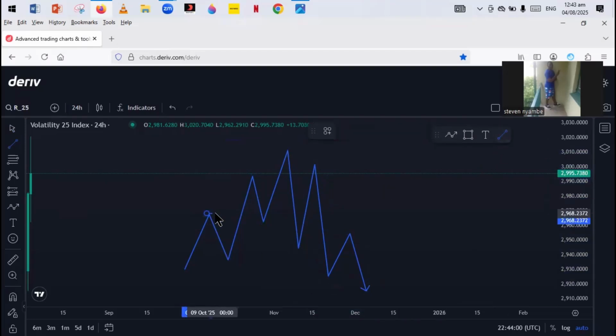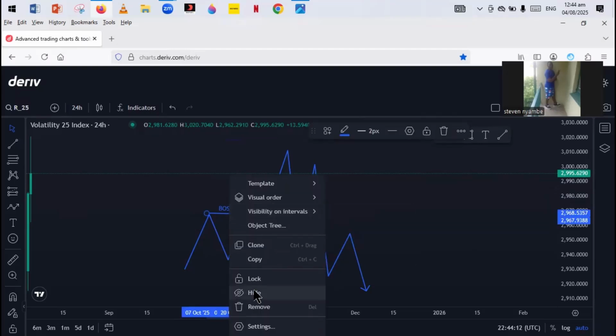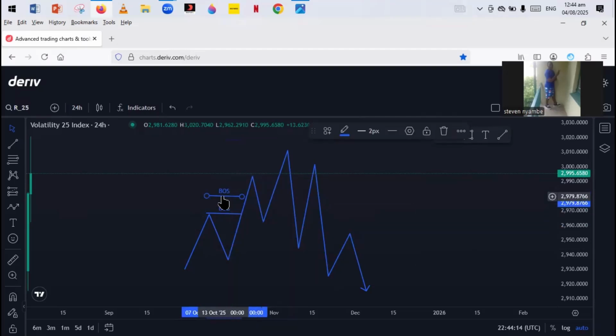So we have price in an uptrend. As price is breaking structures to the upside, it's a break of structure. So we have price breaking structures to the upside like that. That's an uptrend.